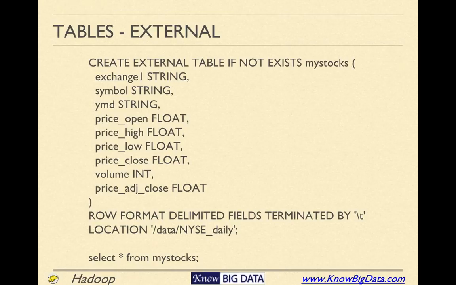If you do not own the data, that time you create an external table. Otherwise, you create an internal table. Because if you drop an internal or managed table, it's the same thing, the actual data will get deleted. The underlying data will get deleted. While in case of external tables, the data would not get deleted.